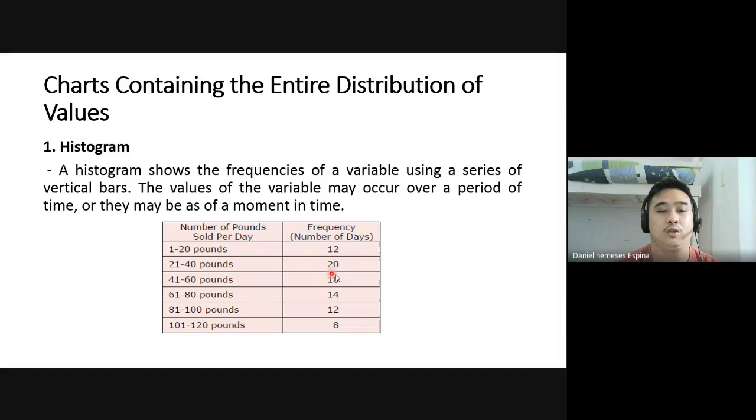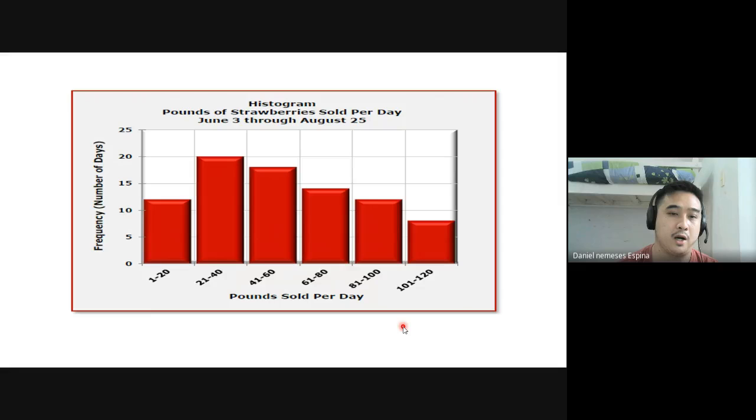So for 1 to 20 pounds, you have 12; 21 to 40, 20; 18, 14, 12; and lastly 101 to 120, which is 8. To convert that into a histogram, this is how it looks. It's almost similar to a bar chart. However, what you see at the bottom are the frequencies: 1 to 20, 21 to 40, 41 to 60, and so on.